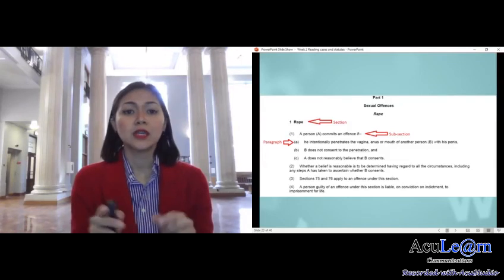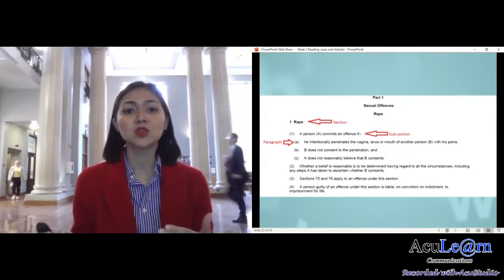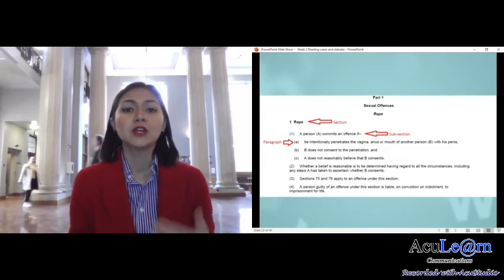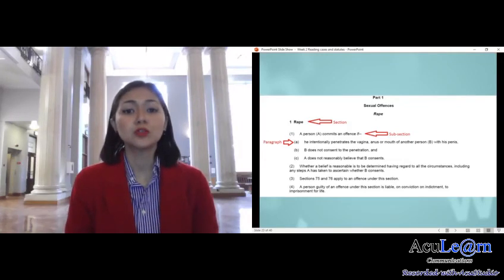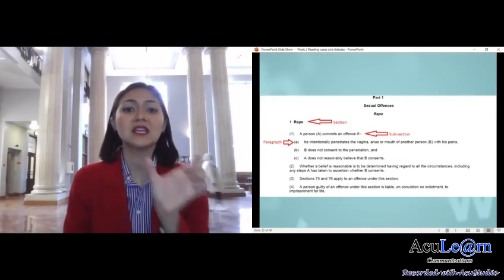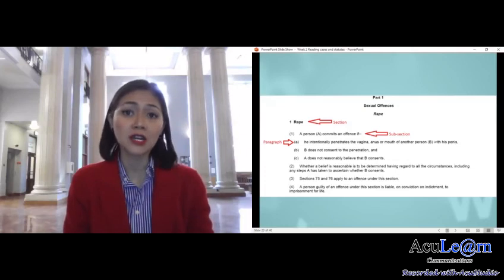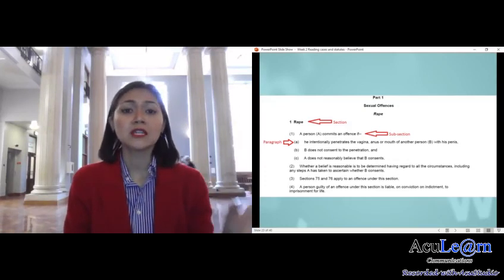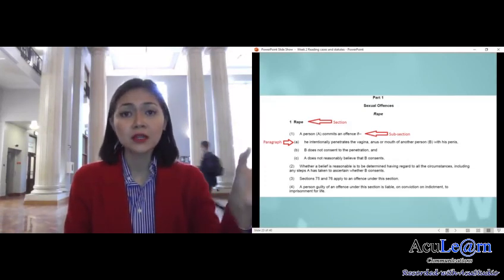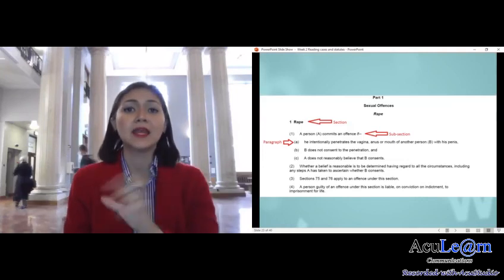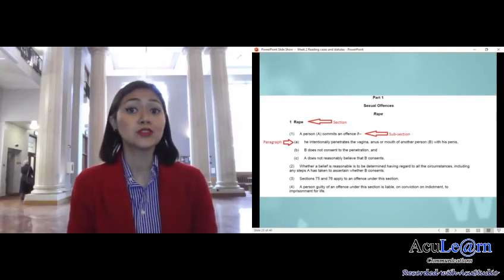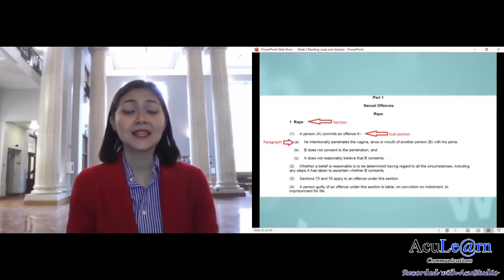If it follows after subsection 1, then you call it the paragraph. So in this case, if you want to refer to that section, he intentionally penetrates the vagina, for example, then you can say as per section 1, subsection 1, paragraph A. That's how you pronounce it, and that's how you write it in the essay.